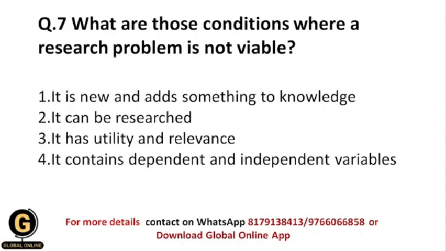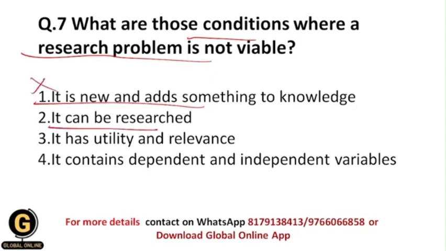Next is, what are those conditions where a research problem is not viable? So what are those conditions in which research problem is not viable? So first is, it is new and adds something to knowledge. Yes, in this situation research problem is viable, so this is eliminated. It can be researched, it means that it should be researchable, so this is as well eliminated, because under these situations research problem is actually viable.